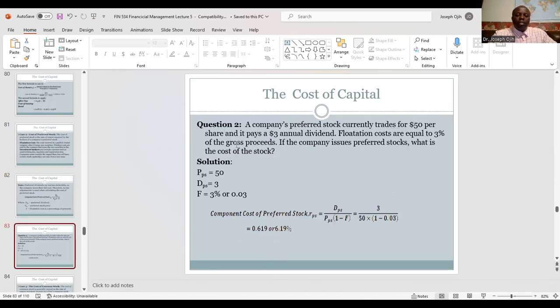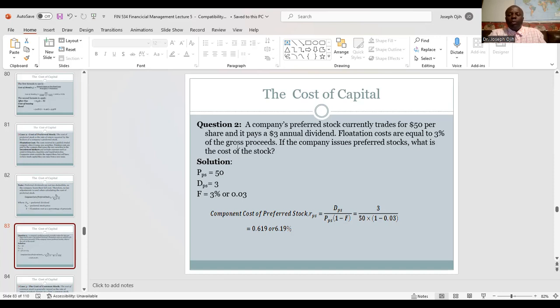Look at this question. It says a company's preferred stock currently trades for $50 per share, and it pays $3 annual dividend. The flotation costs are equal to 3% of the gross proceeds. If the company issues preferred stock, what is the cost of the stock?